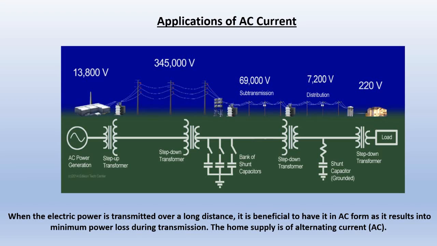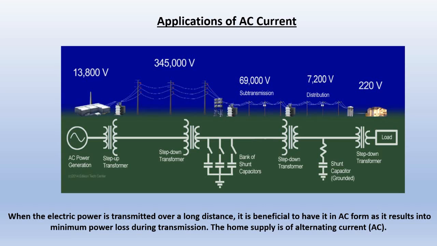Over here alternating current is used, and why is this current used? When the electric power is transmitted over a long distance, it is beneficial to have it in AC form as it results in minimum power loss during transmission. So during the transmission of current there is a power loss.